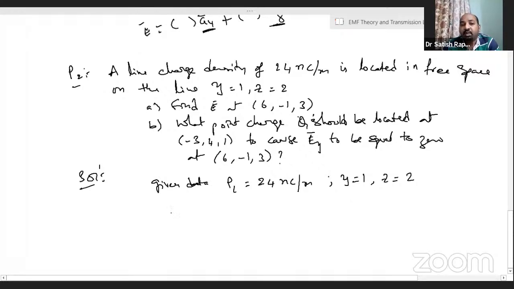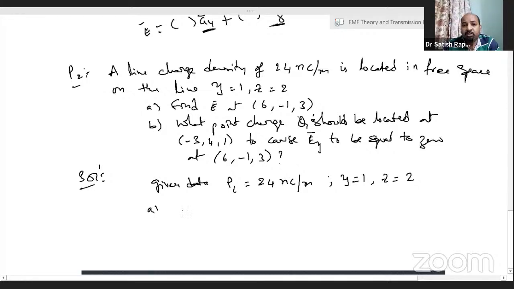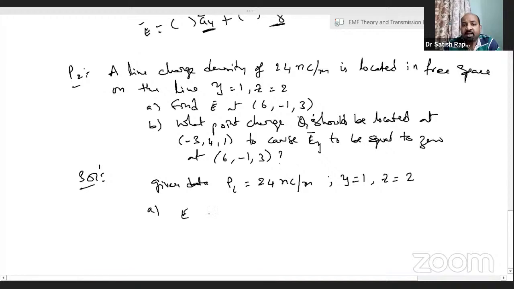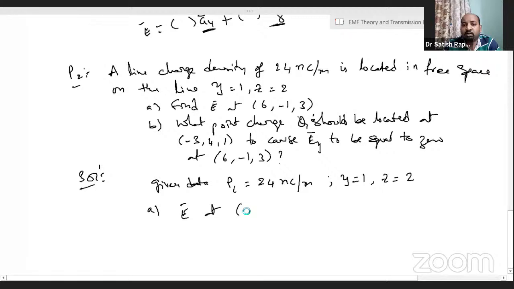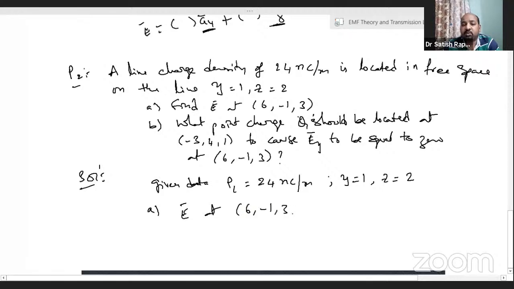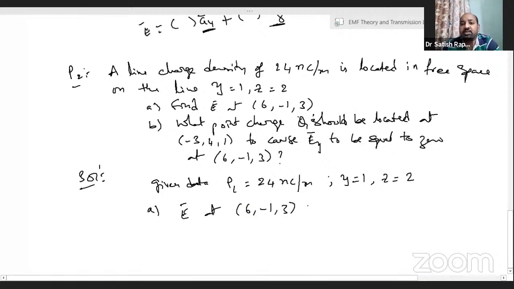A bit, we need to determine the electric field at the point (6, -1, 3). This is the same model we have done in the earlier problem.